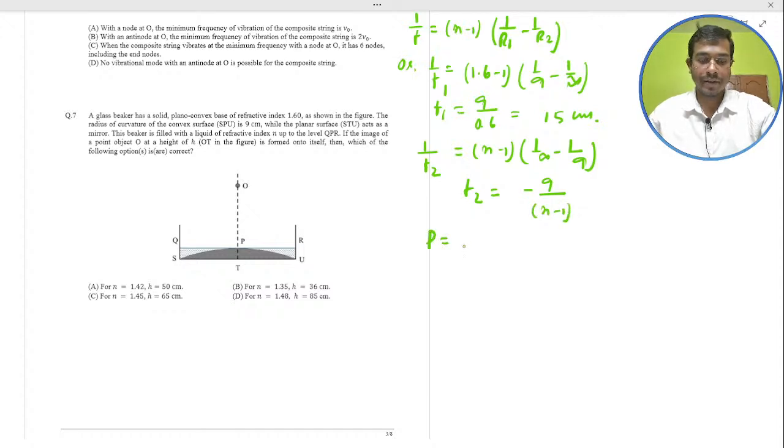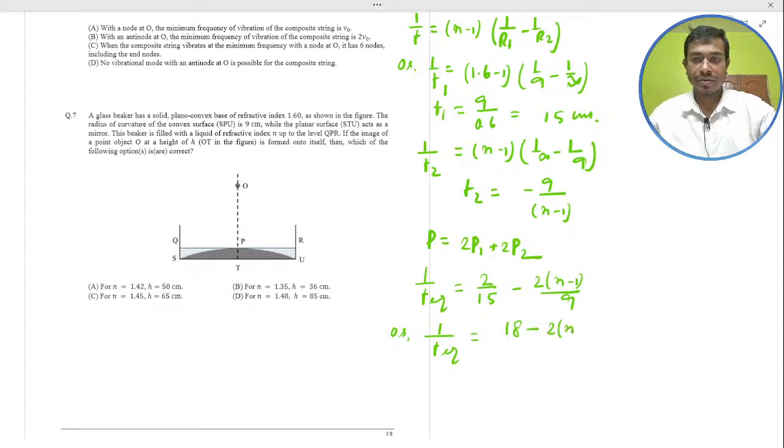Now P is what? 2P1 plus 2P2. So 1/f equivalent is equal to 2/15 minus 2(n - 1)/9, or 1/f equivalent equals (18 - 2(n - 1)·15)/(15·9). So you would get f equivalent equal to (15·9)/(18 - 2(n - 1)·15).